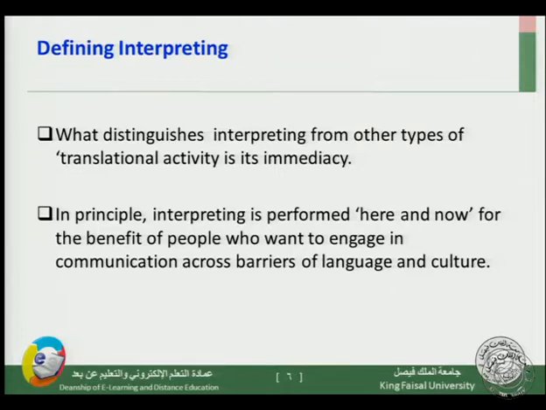Here, the job of the interpreter is to interpret verbally, orally, here and now. Immediately, he or she is translating what they are doing or what's happening. So this is what we mean by interpreting, defining interpreting, and what makes it different from other types of translation.